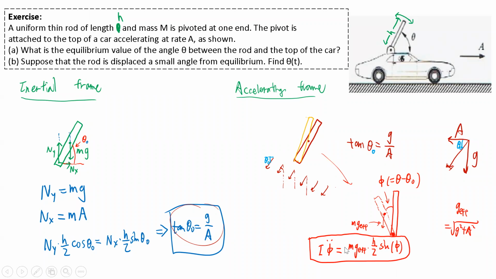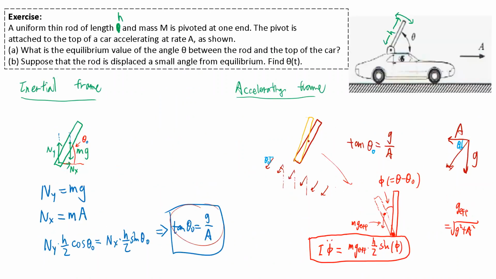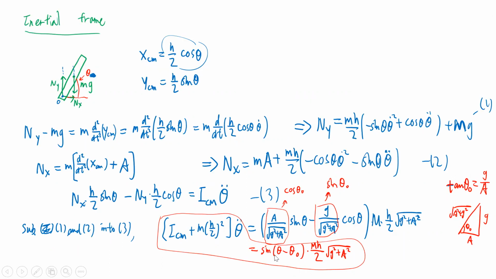And this is the same as this equation here. Can you see why? Because this phi double dot is theta double dot minus theta naught double dot. So that's why the left hand side is just theta double dot. And on the right hand side, I have phi, which is theta minus theta naught, and here on the right hand side, I also have theta minus theta naught.